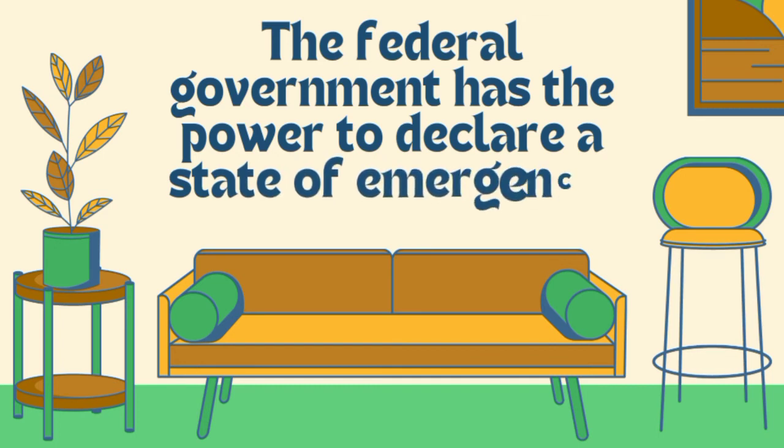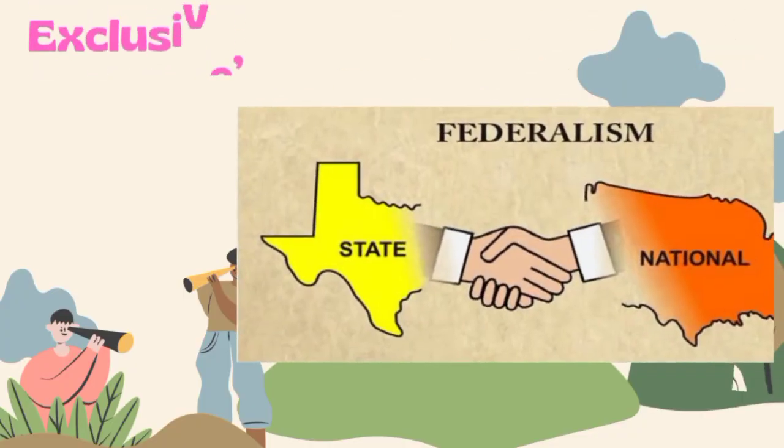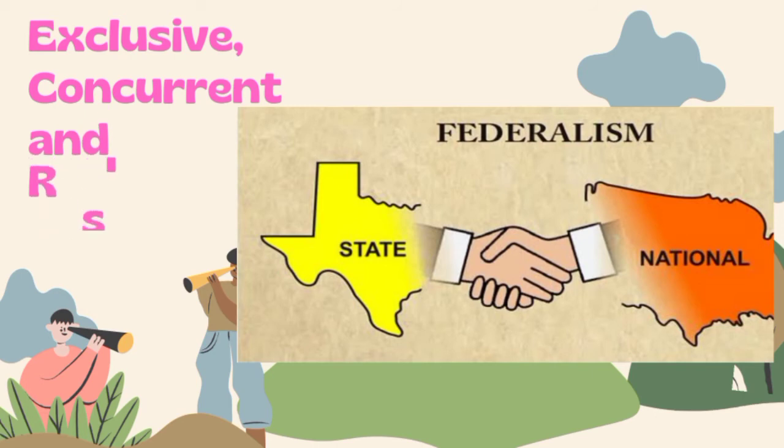Again, the Constitution gave the federal government power to declare a state of emergency. The federal government was given the power to declare a state of emergency in any part of the country if there were crisis or war. However, a resolution would be passed by the House of Representatives with a 2/3 majority supporting it.